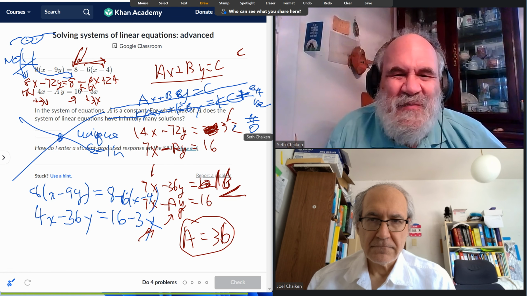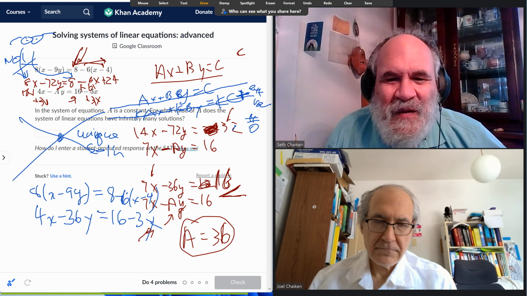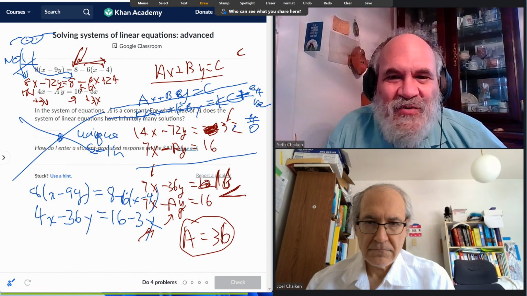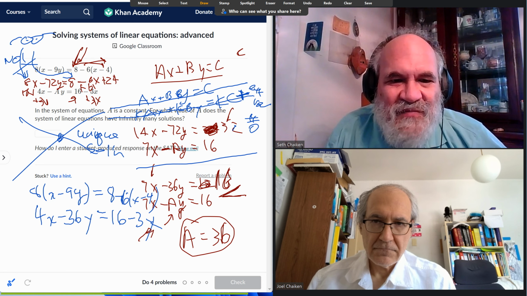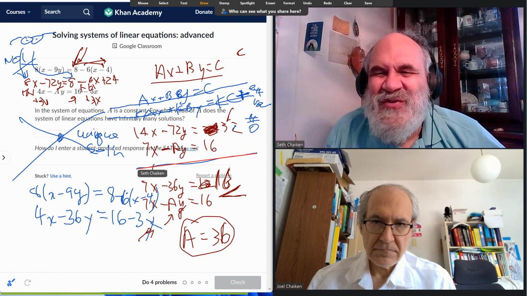And the other case is when the two equations are equivalent. And when they're equivalent, the graph of each equation is a straight line, and those two straight lines are the same straight line.